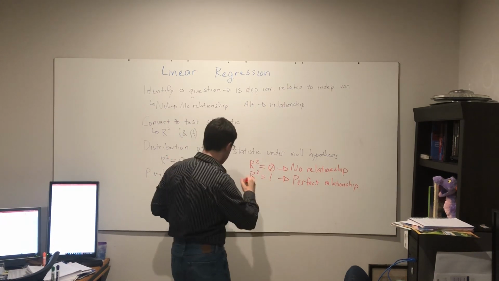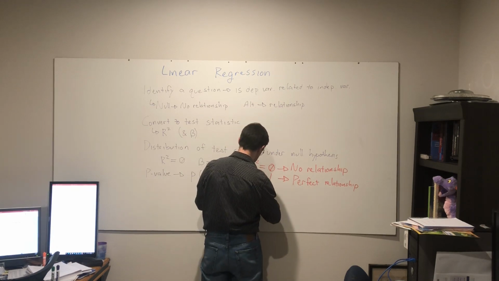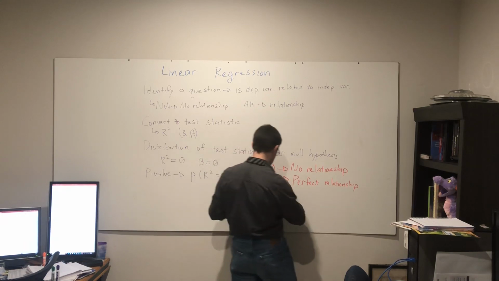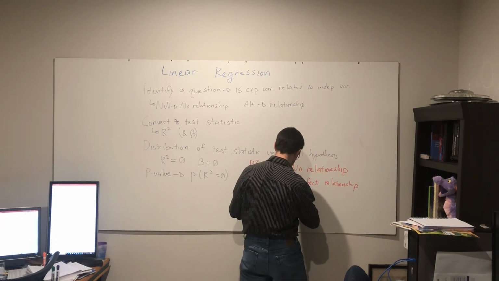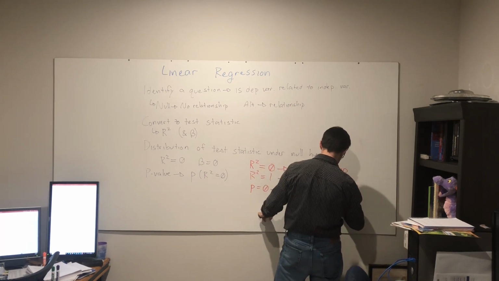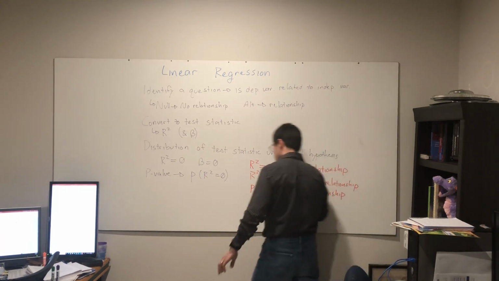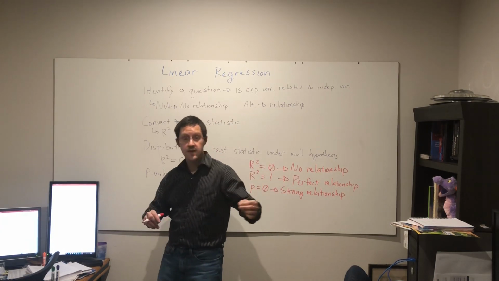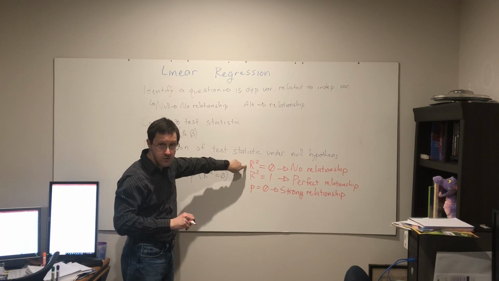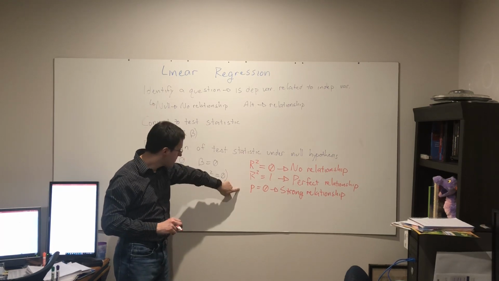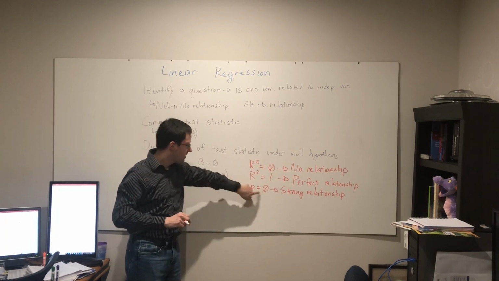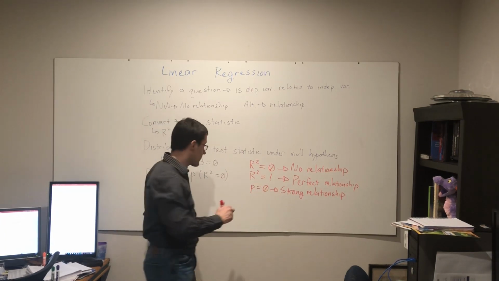On the other hand, recognizing that p is the probability the null hypothesis of no relationship is true, if p is 0, there is 0 probability the null hypothesis is true. That means there's a strong relationship.